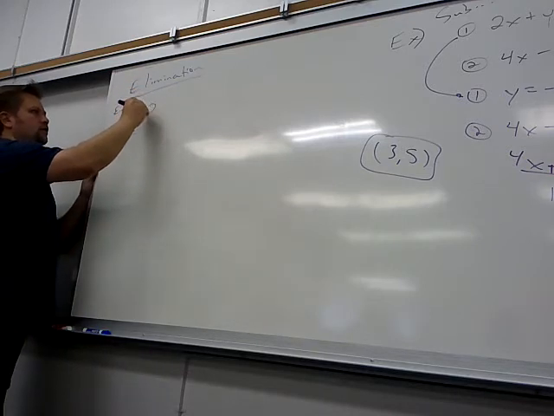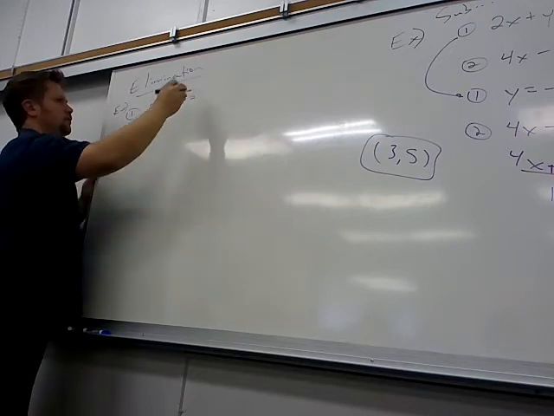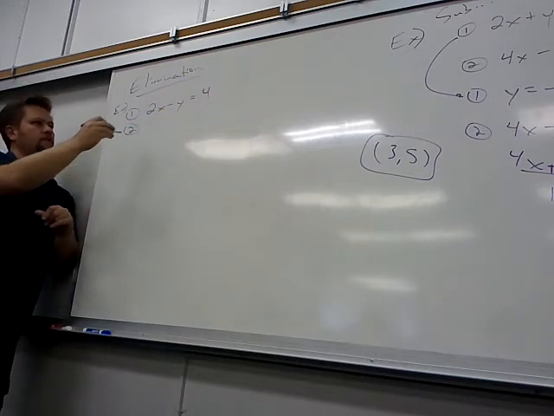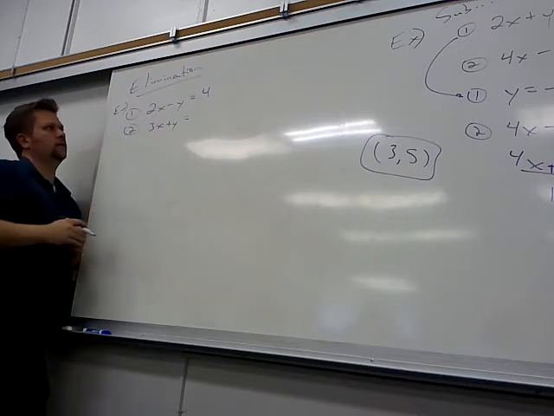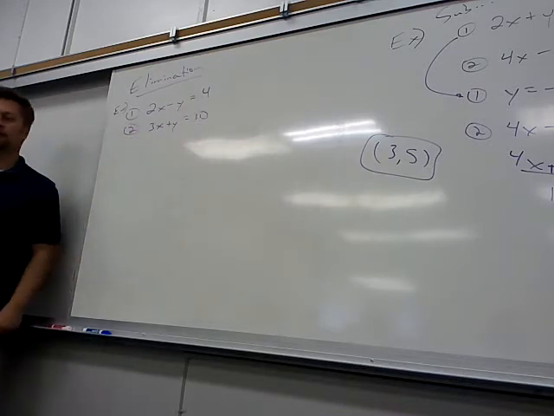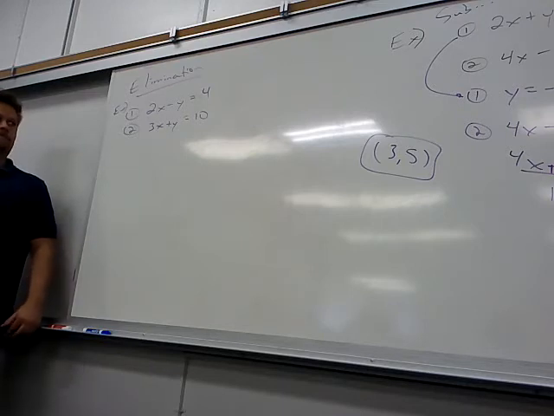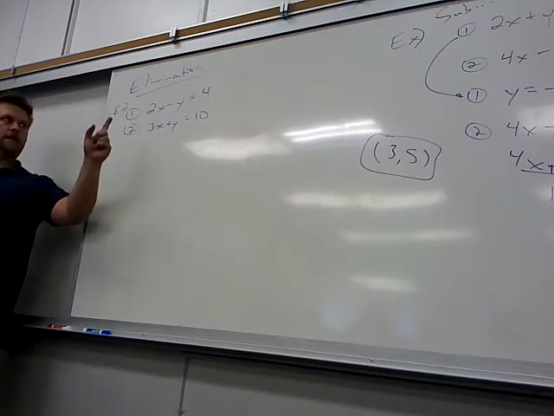If I had 2x minus y equals 4, and I have 3x plus y equals 10. So instead of doing substitution, what we actually do, now here's the funny thing.